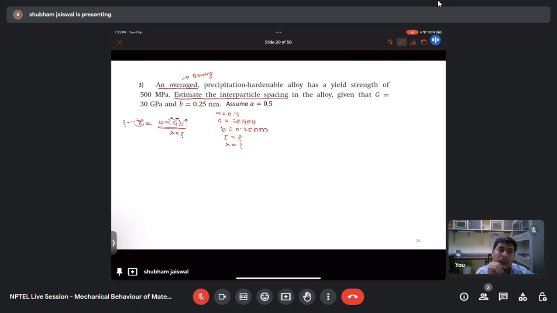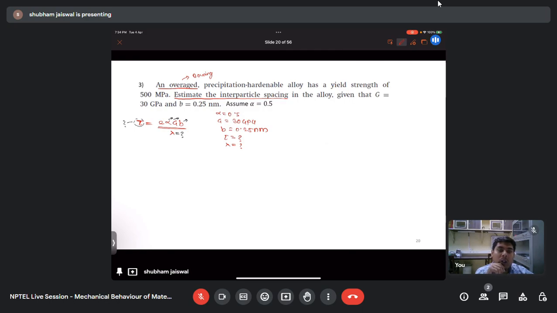Here we have been given the yield strength of the material, and we consider the maximum stress. The maximum shear stress by the Tresca criterion is given by half of its yield strength, or sigma 1 minus sigma 2 by 2, or sigma 2 minus sigma 3 by 2, or sigma 1 minus sigma 3 by 2.